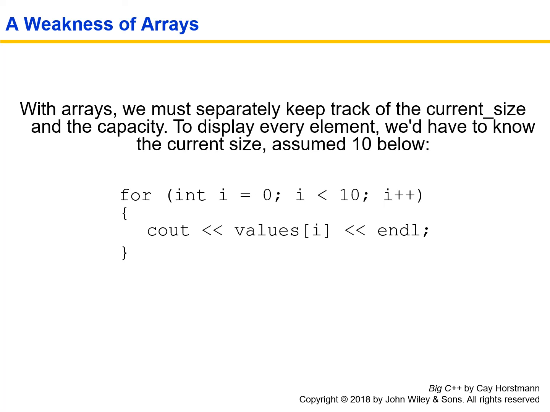With arrays, you had to keep track of the current size and the capacity. Here, the programmer has done a bit of bad style and just hard-coded the size of the array into the program instead of making it a variable, or a constant rather. But they're going to assume that the array values has 10 spaces in it.